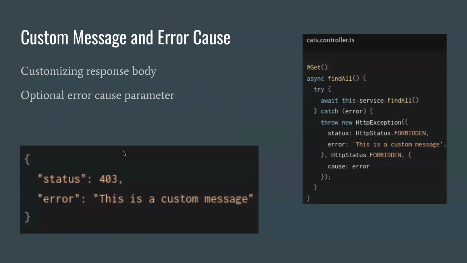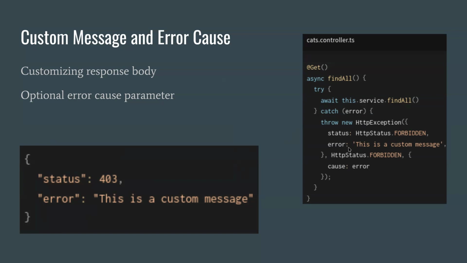Custom message and error cause. In addition to standard exceptions, you can customize the message and include an error cause in your HTTP exception. By passing a string in the response argument, you can override the message portion of the JSON response body.